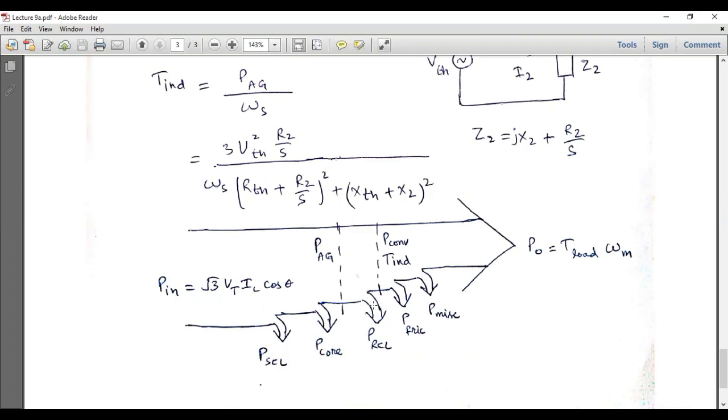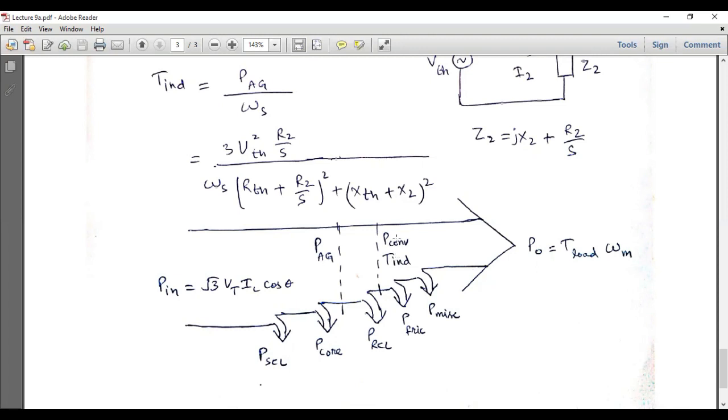The next loss at this stage is the rotor copper loss, and after this rotor copper loss, the power is termed the converted power. The torque corresponding to this converted power is called the induced torque.